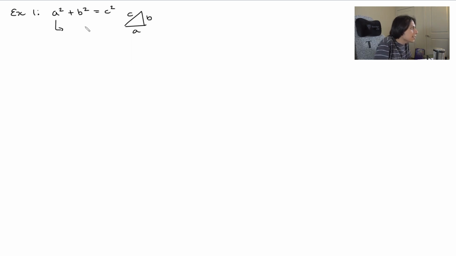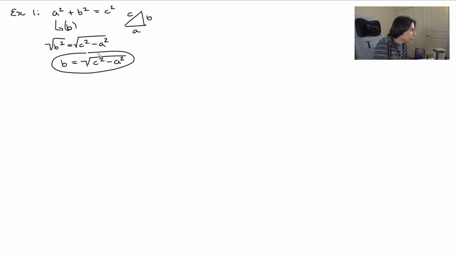Let's say they ask us to solve for b, so we must isolate b. We start by subtracting a squared from both sides, and then we simply take the square root of both sides and we get b equals the square root of c squared minus a squared. So that's a very simple question.